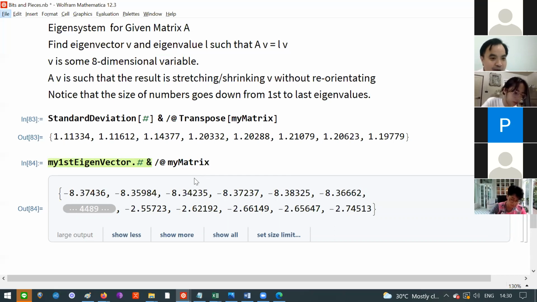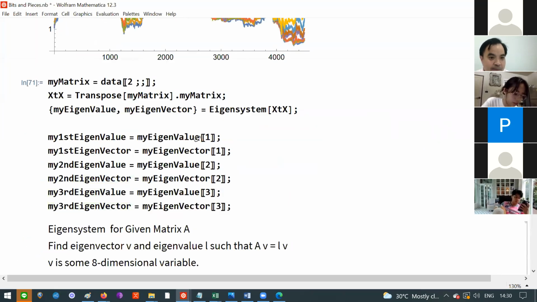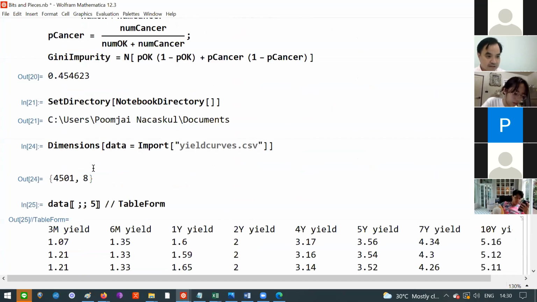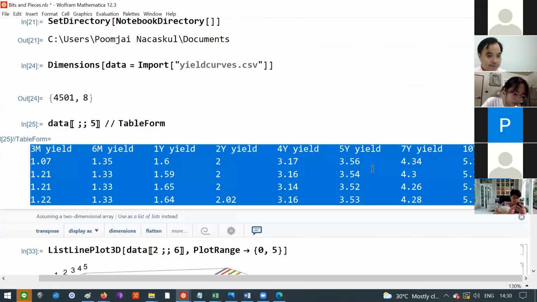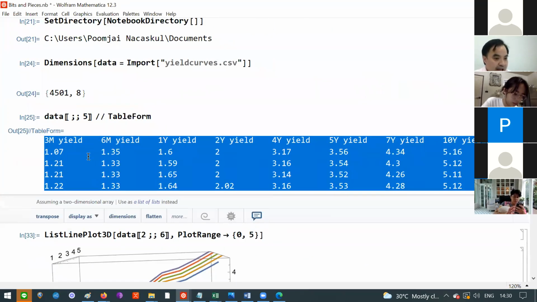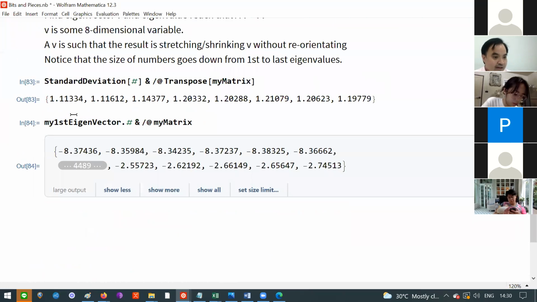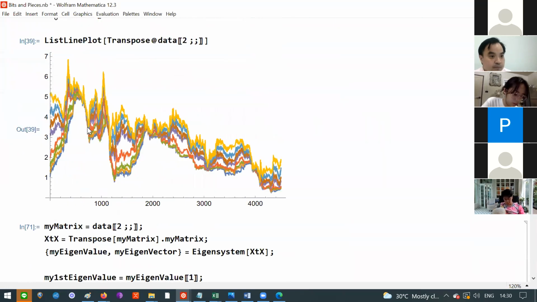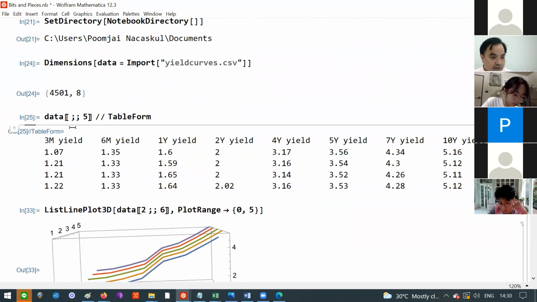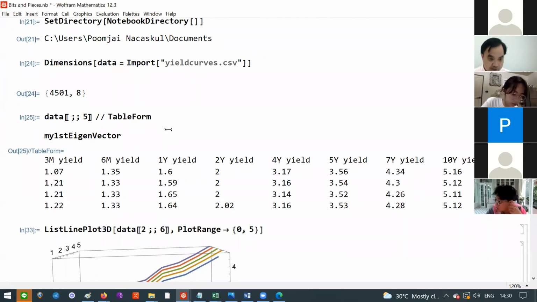So right now I have this number. It's like a table, right? Now, what's my first eigenvector? This is my first.